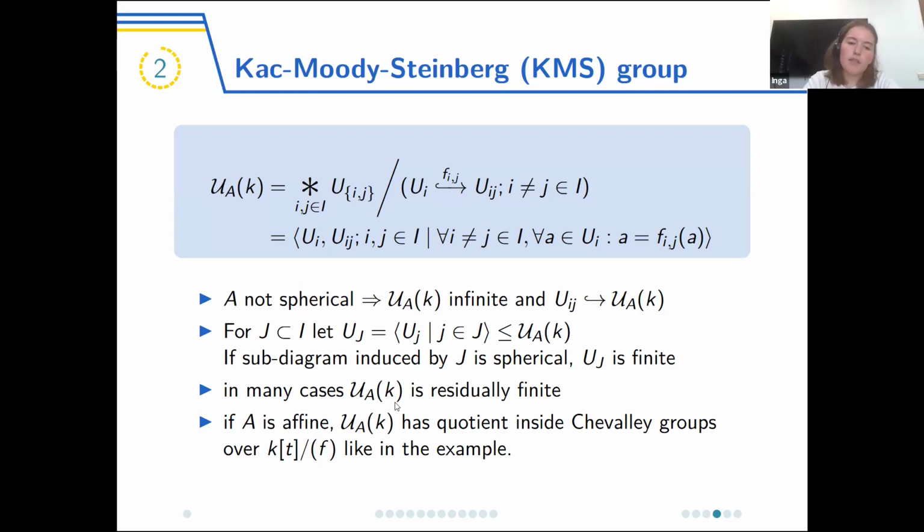It's also known that the KMS group is residually finite in many cases, so we have a lot of finite quotients, which is nice. In particular, if we start with an affine diagram, the KMS group has a quotient inside Chevalley groups over a polynomial ring, for example over SL3, which is where the example comes from.